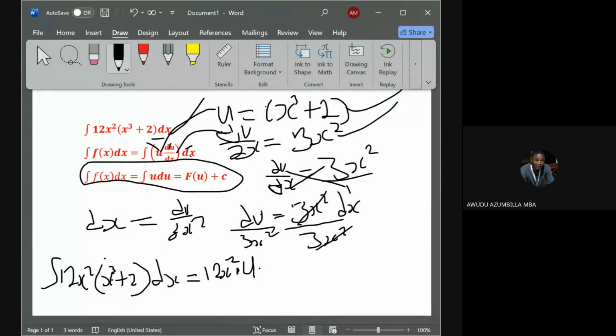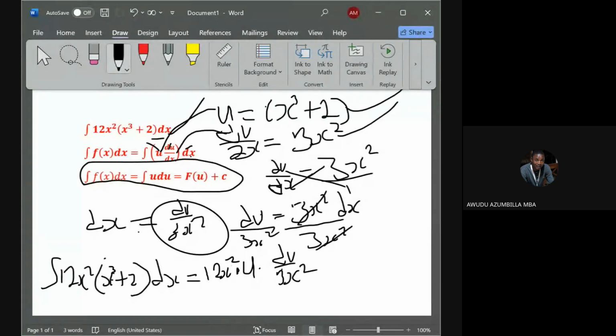You see this dx here? I'm going to substitute it there. So it's now going to give me du over my 3x squared. So this is what I have.